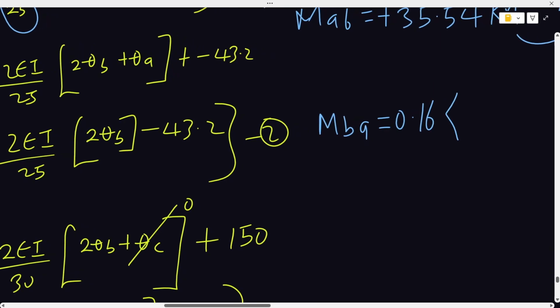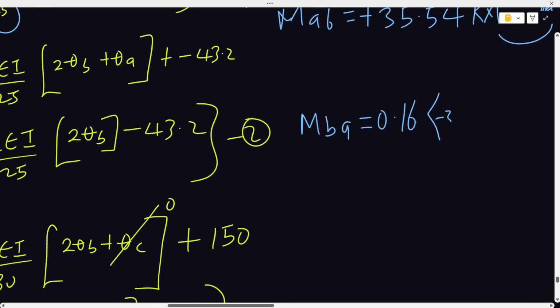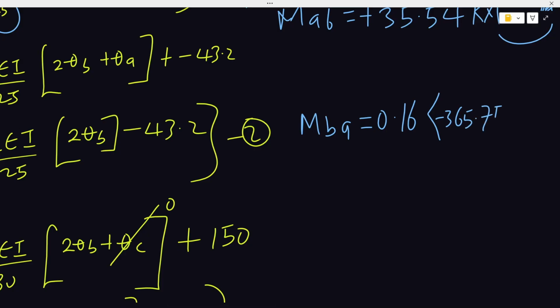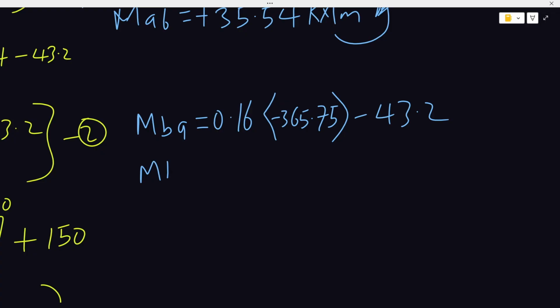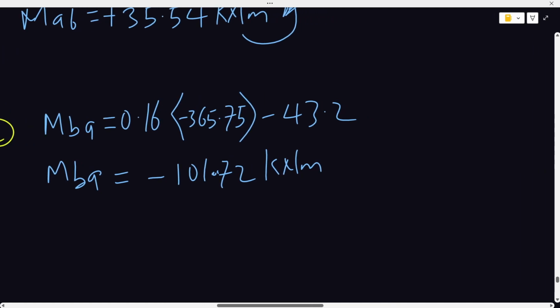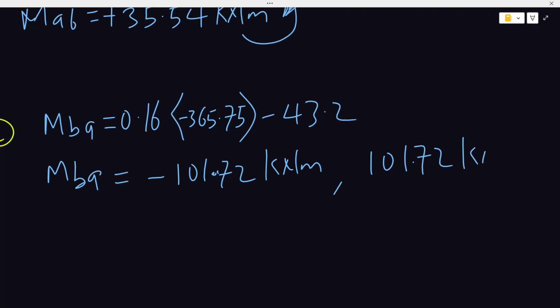Now theta B EI is minus 365.75, minus 43.2. So MBA would give me minus 101.72 kilonewton meter when you calculate it, which is equivalent to just saying 101.72 kilonewton meter, but clockwise.